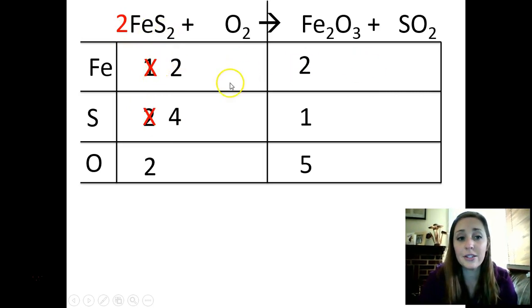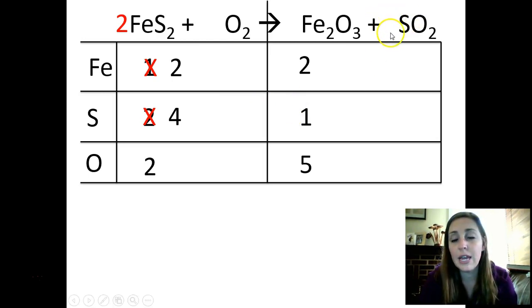Okay, iron's good. Let's look at sulfur. What side do I need more sulfur on? Reactants or products? Products. So I need a coefficient here to put in front that'll multiply in so that this 1 in sulfur ends up totaling 4. So what times this 1, because I can't change my subscript, gives me 4? A 4. So that'll change my sulfur, so that is all fixed.